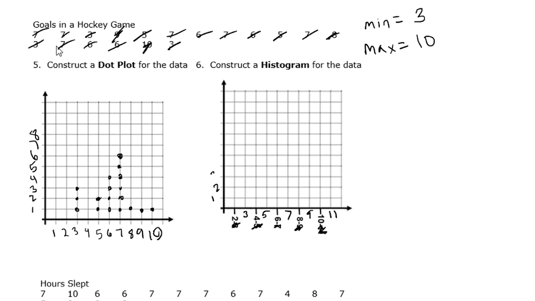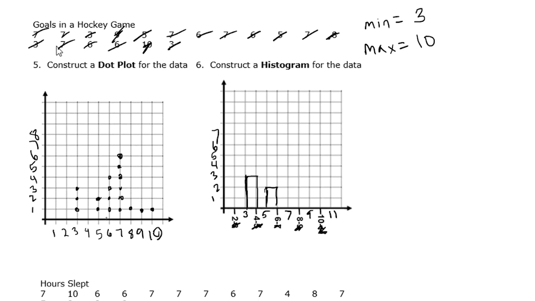Again, let's just number this over here on the side. So 3 but less than 4. So there's 3 of those. 1, 2, 3. We're going to draw a box that high for our histogram. Between 4 and 5, we have 0. Between 5 and 6, so that's 5 but not 6, we have 2.